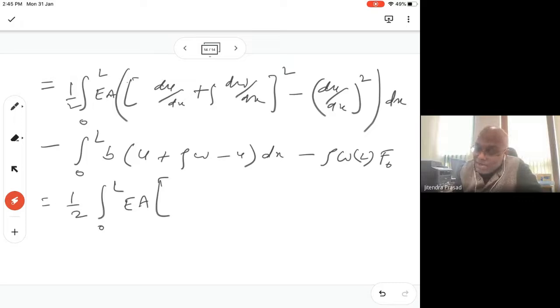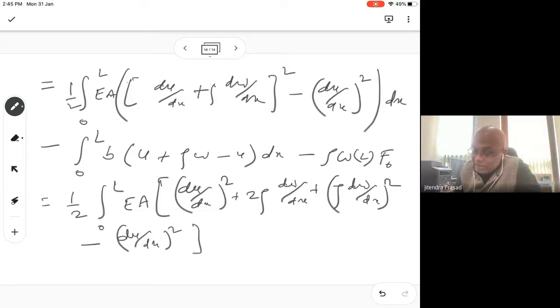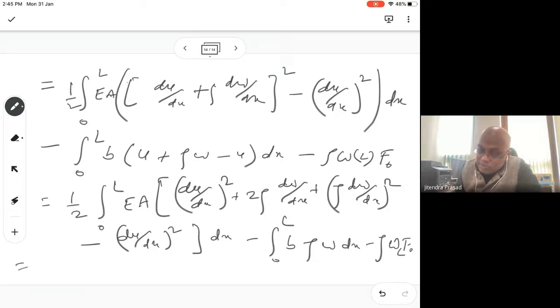If you square it, then you have du over dx squared plus 2 zeta du over dx dw over dx plus zeta squared dw over dx squared, minus du over dx squared, dx, minus integral 0 to L. You see u cancels out, so you get B zeta w dx, minus zeta w at L f naught, and we can write the final form.